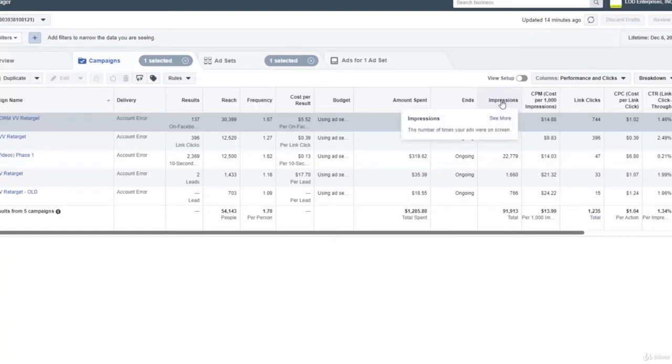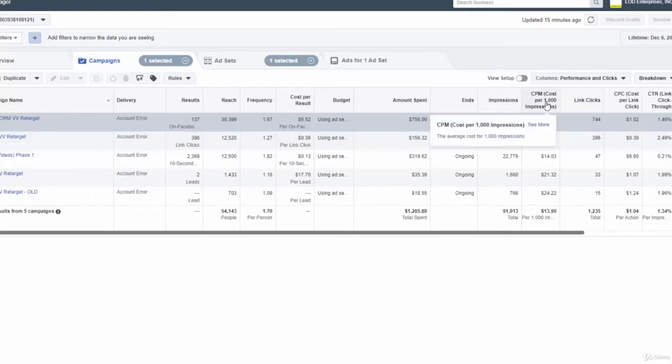And so here on the impressions, this is the number of times that our ads were on screen, okay? This is how many times our ad actually showed to different people. And, you know, maybe they didn't see the ad or they skipped through it, but it's the number of times that the ad was actually placed out there for people to look at, okay? How many impressions we had here. And so here we can see we had 91,000 impressions.